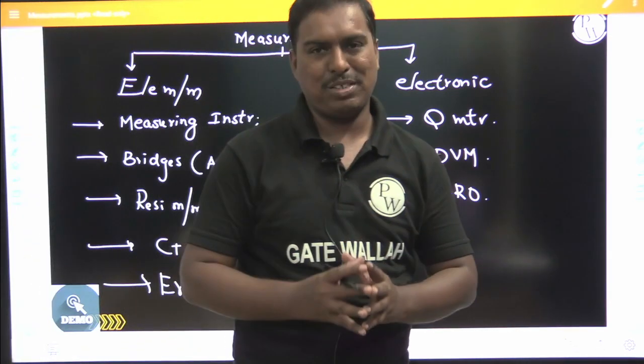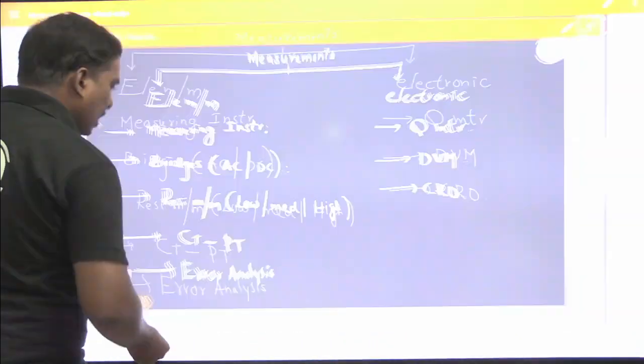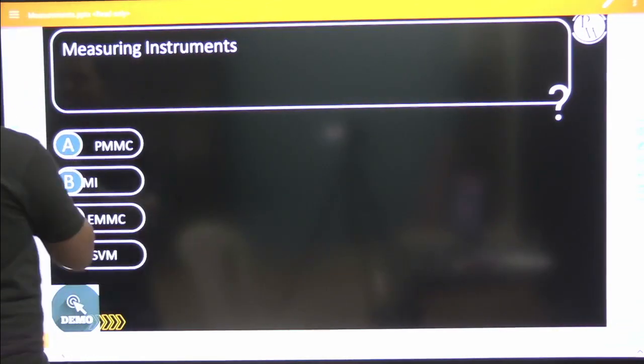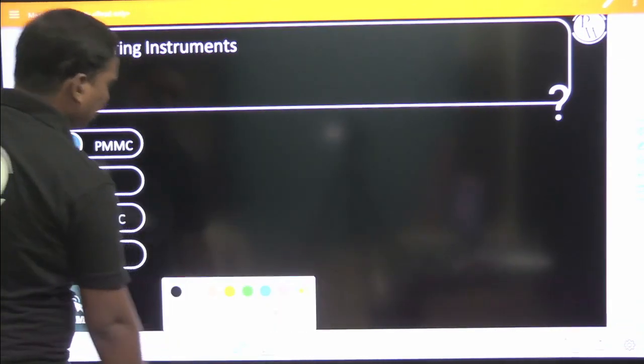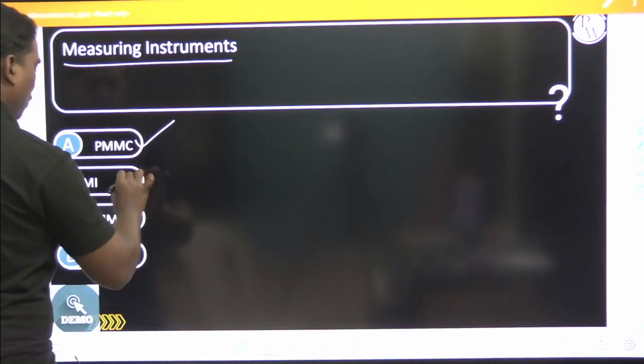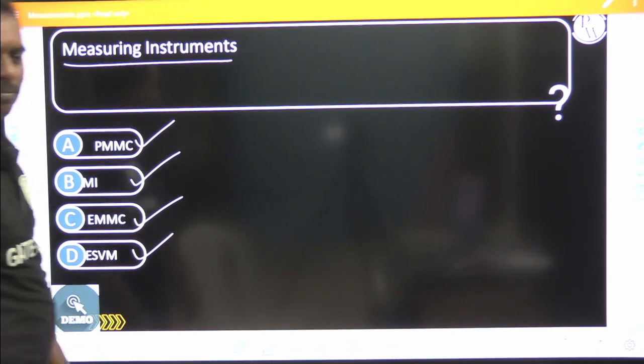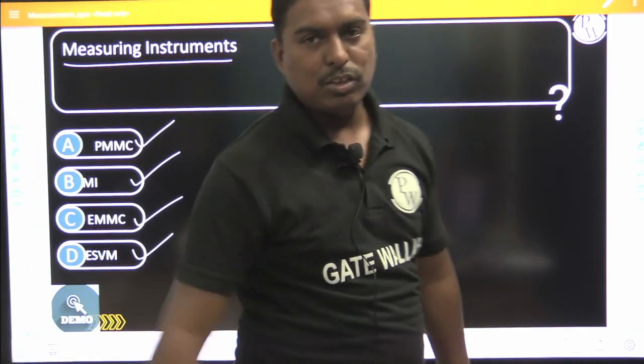measuring instruments. But what is that bunch? That is only my demo today. Under the measuring instruments, basically the major instruments are PMMC, moving iron, electromagnetic moving coil, electrostatic voltmeter. Again I am repeating the full form.